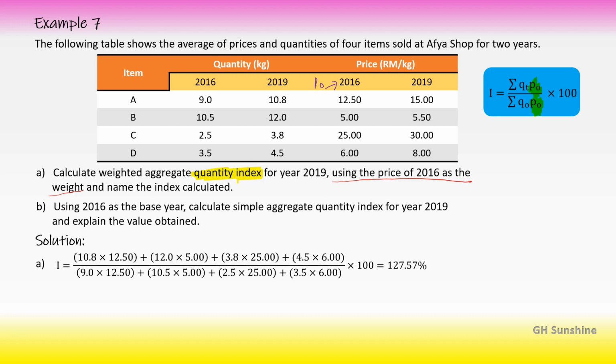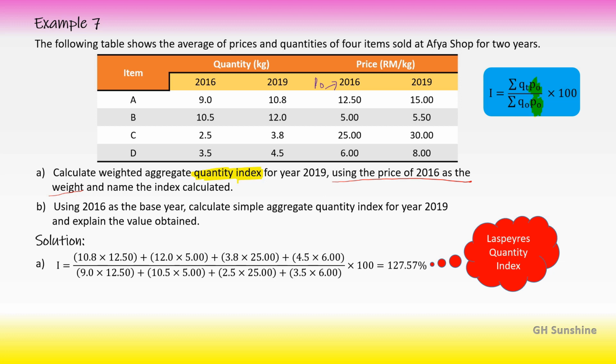Okay, next. The same question: name the index calculated. What is your answer? Try first. Okay, time's up. Same with your answer? If same, very good. Means you may recall what you have learned before in the previous slide.